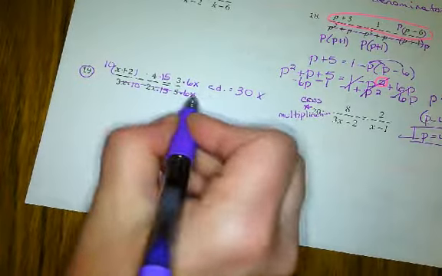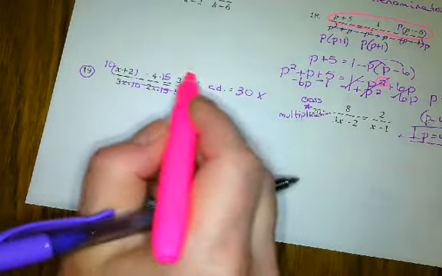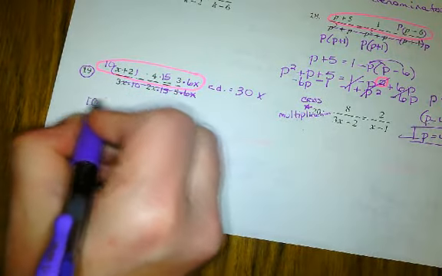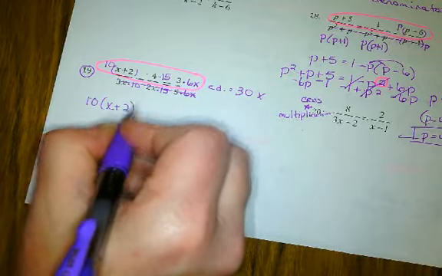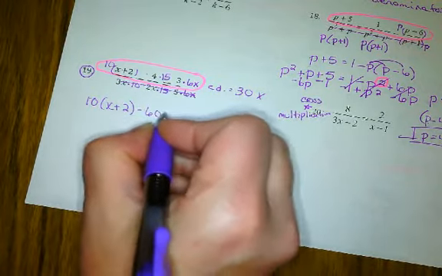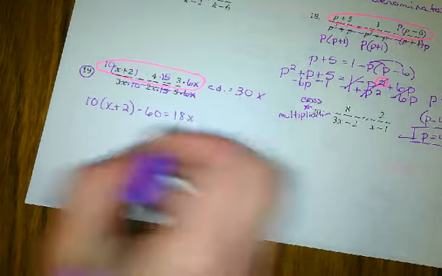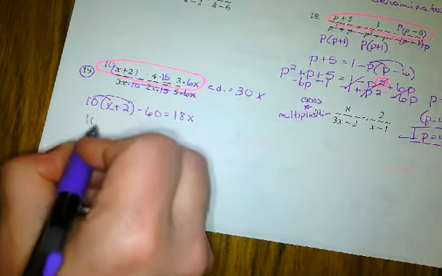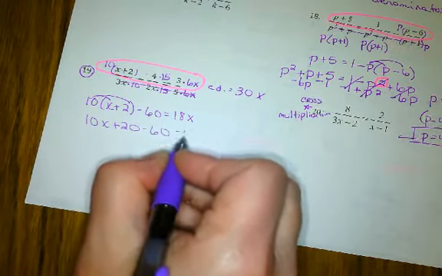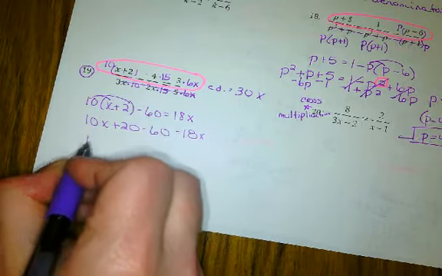Okay, so again, I'm only focusing on what's going on in the numerator. So I have 10 times x plus 2 minus 4 times 15, which is 60, equals 18x. So if I distribute that, I get 10x plus 20 minus 60 equals 18x.